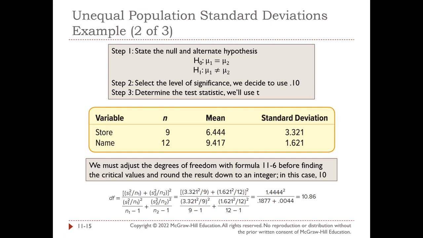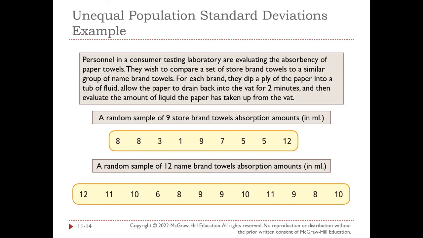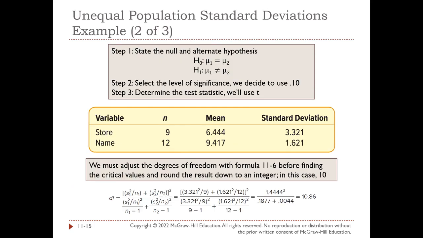Are the absorptions the same? Since we are not assuming them exactly equal, we do have to calculate the store and name brand. So again, the two big things we want to take from the numbers is the mean, which they calculated, and the standard deviation. Next, we fit it all into our formula.